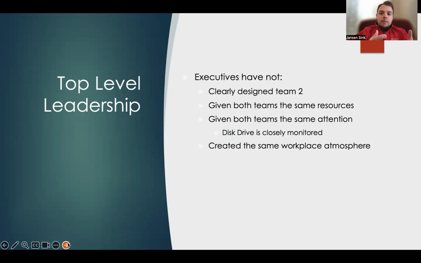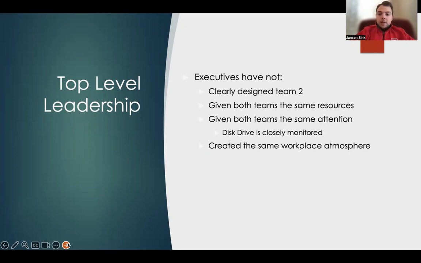When they're doing something well, they're getting that praise. Fiber optics doesn't have that, and that falls on the executive shoulders. While it's okay to give one team more attention per business needs, they're not giving fiber optics any attention, which leads to disunity and inefficiency in that team.